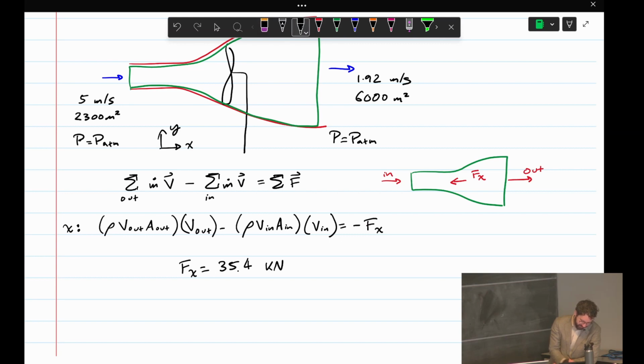But we'll just take the magnitude of this, since the force that the fluid applies on the wind turbine is opposite to this. If I was to draw Fx in the opposite direction, it'd be a propeller or some sort of propulsion device. So that's not what wind turbines do. They wouldn't be really useful if they just blew the wind. We want the wind to turn them.